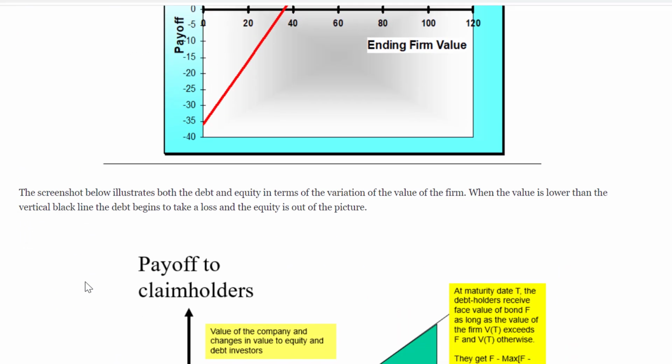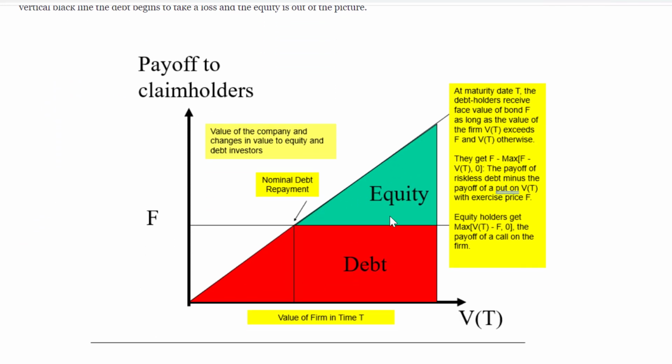Now you can add to that the payoff to equity. So here's our payoff to debt, and here's the value of the company. This could be basically the value of the debt, and you can adjust it for the premiums and all that stuff. But essentially, we have debt here, and if the value of our company, our enterprise value, falls below the value of debt, equity loses everything.